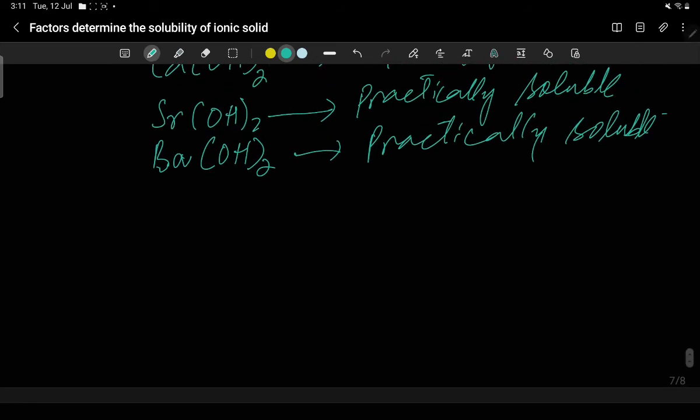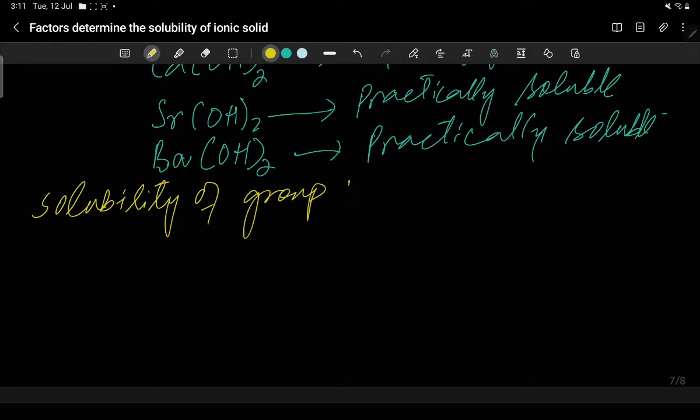This is also a very important question from the examination point of view. This is how to explain this trend, the solubility of group 2 hydroxides.